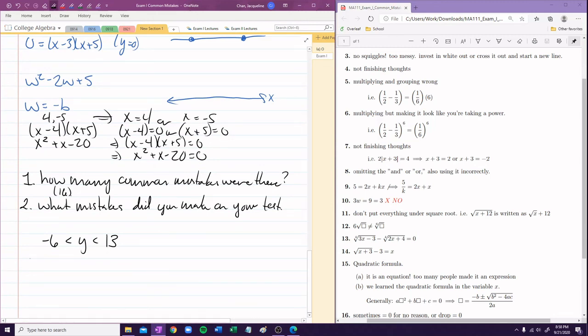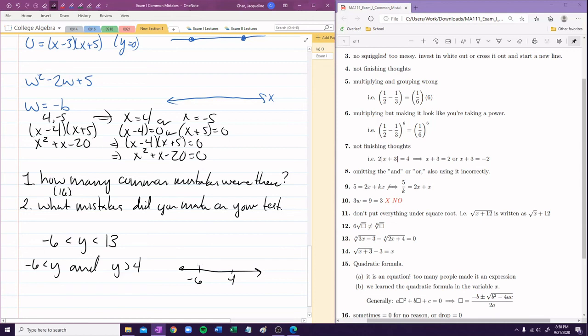Some of you got, let's say, negative 6 less than y, and then y greater than 4, or something like that. So I have negative 6 and 4 here.